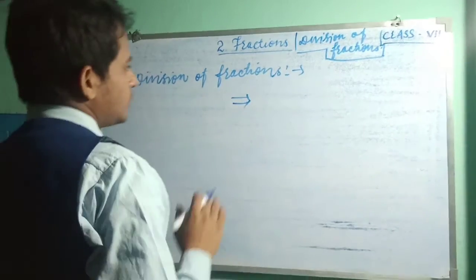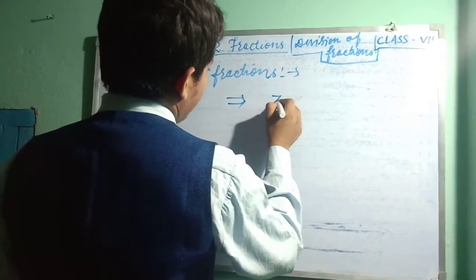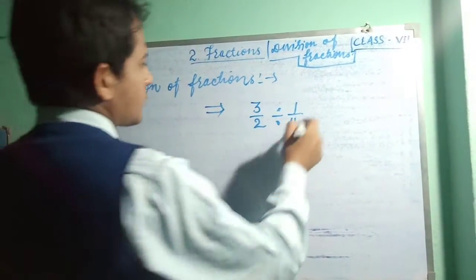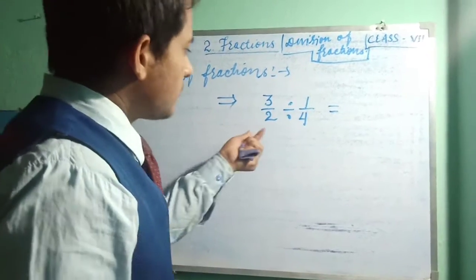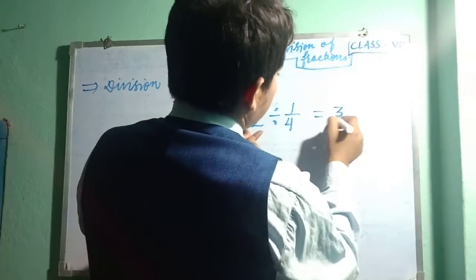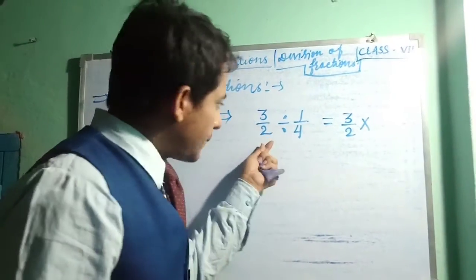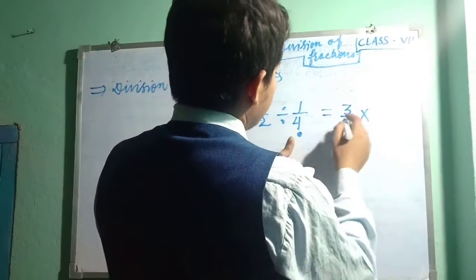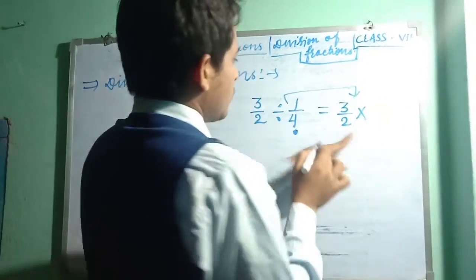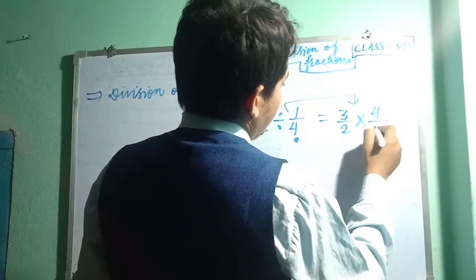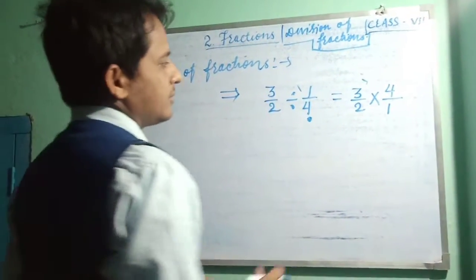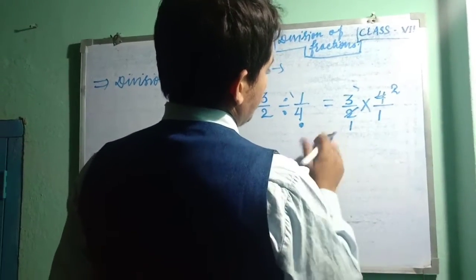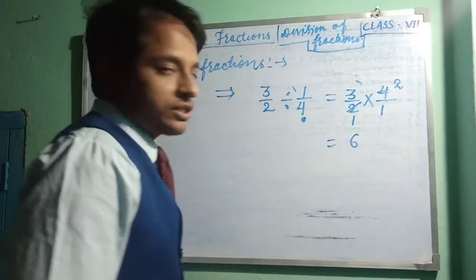In order to divide two fractions, I repeat once again, we have to multiply the first fraction by the reciprocal of the second fraction. Here the reciprocal means we change the sign, and the 4 goes up and the 1 goes downwards. This becomes 4 by 1, so it gets cancelled, 2 1s are 2 and 2 2s are 4. Okay, 3 2s are 6, so 6 is the answer.